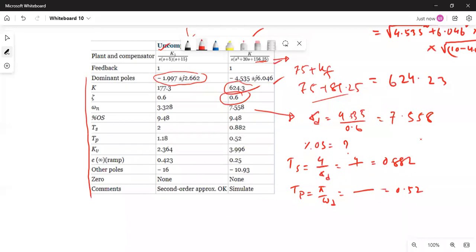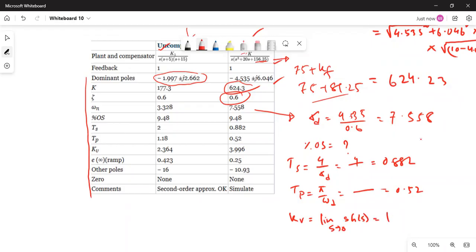So now for finding the KV, you have to plug in the value of K here. It's already calculated, 624.3. So basically, limit s tends to 0 of G of s.